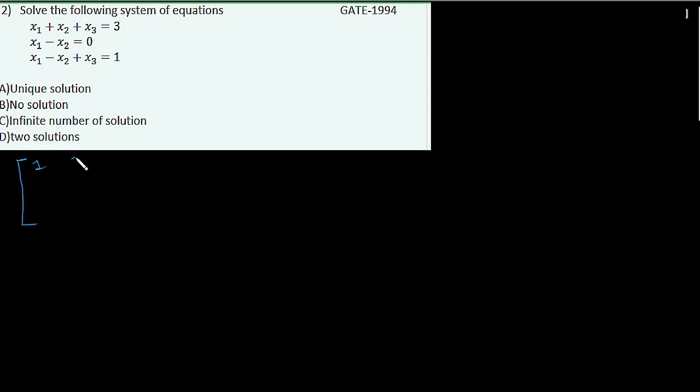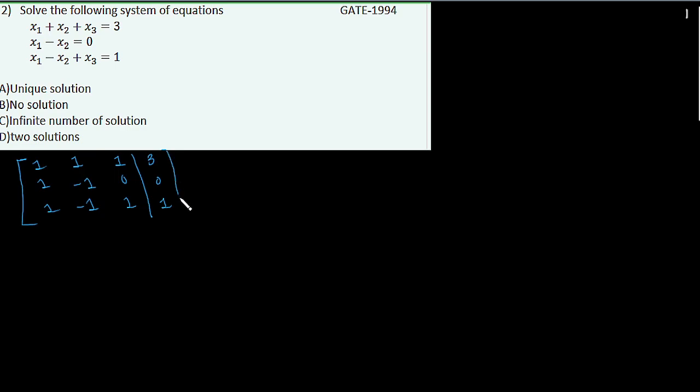We have to write the coefficient of the corresponding variable. Here 1, 1, 1, here 1, minus 1, 0, here again 1, minus 1 and 1. Then we write the right hand side in the same order: 3, 0 and 1.